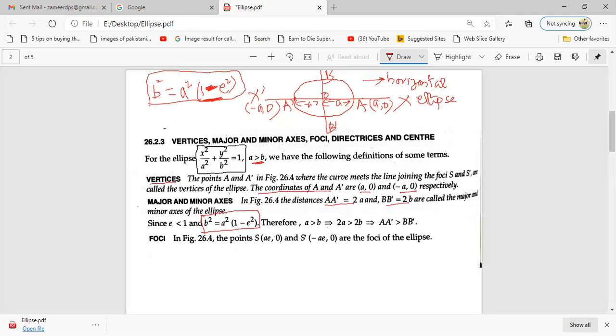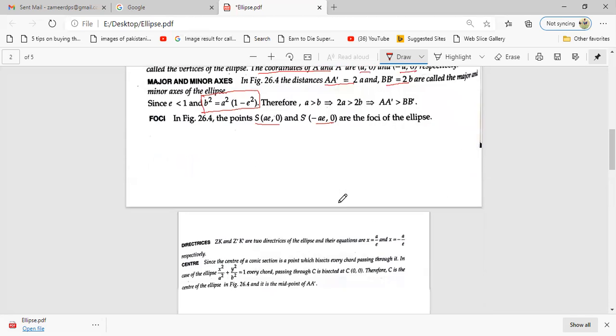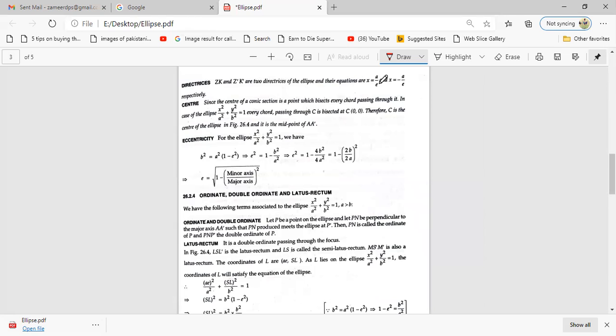And as I told you, the foci of the ellipse are (AE, 0) and (-AE, 0). The foci will come somewhere here as S and S dash. So the coordinates of S will be (AE, 0) and the coordinates of S dash (-AE, 0). The equation of the directrix, I told you, means both the fixed lines will have this.